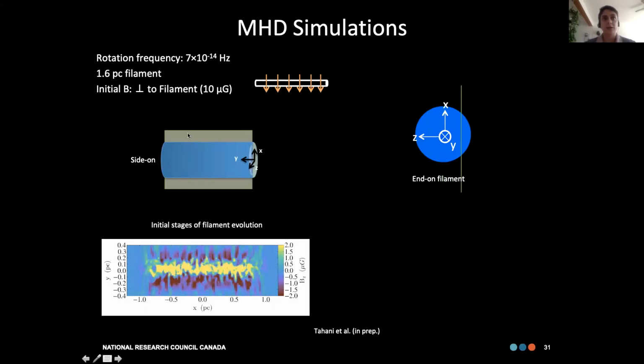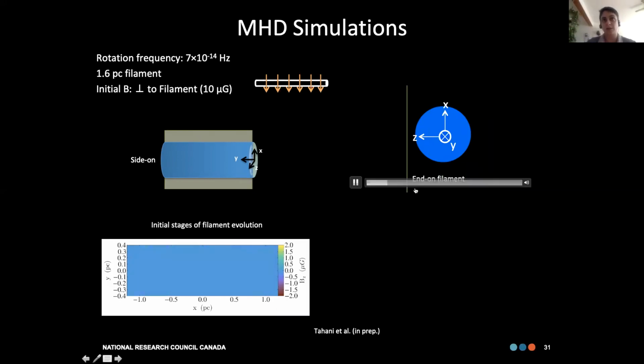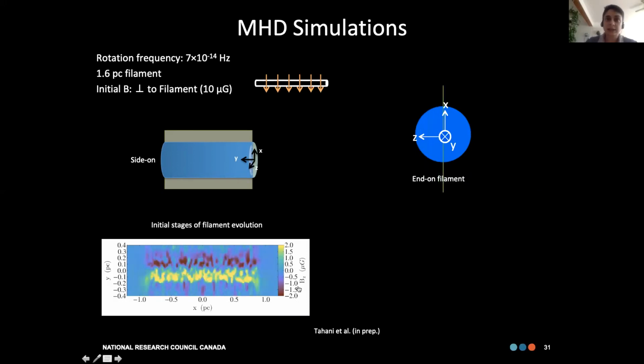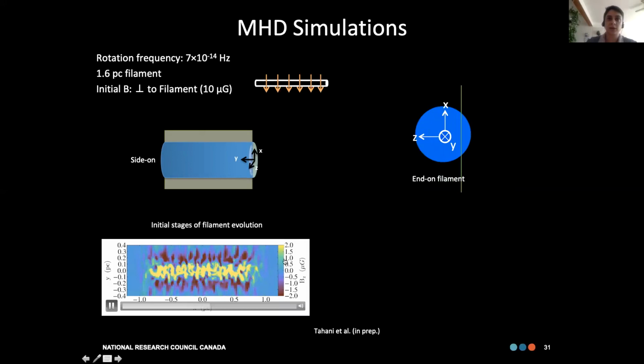If I cut sections in the Z direction, so along the line of sight in the filament, and go through the sections and look at the Z component of the magnetic field, blue shows magnetic field away from us, yellow shows magnetic field toward us. We see some reversal as we go.